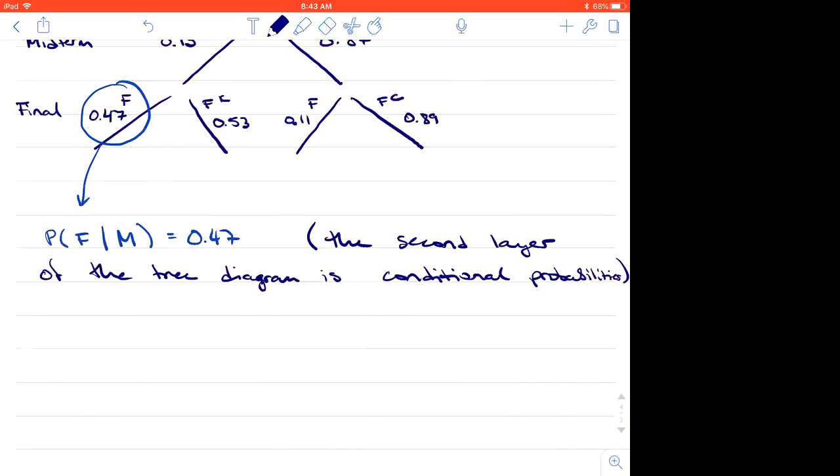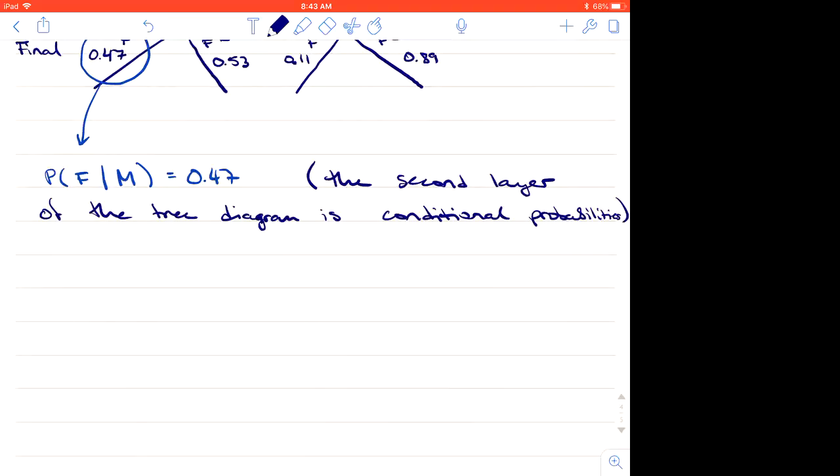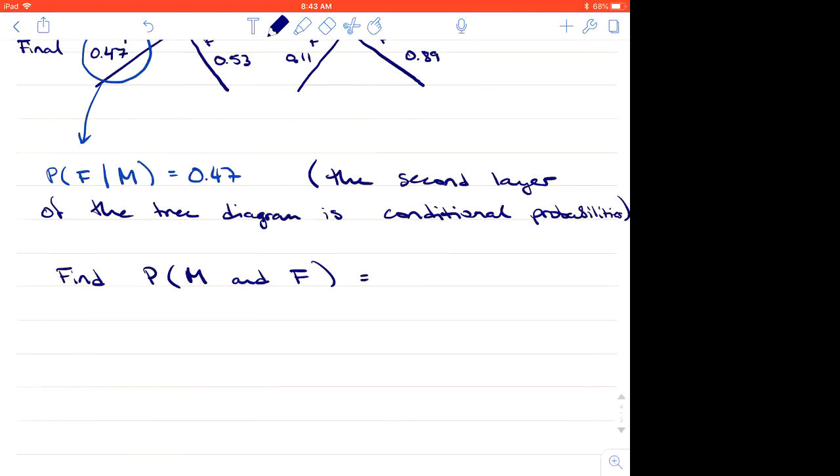So now, if I want to find the probability of M and F, so getting an A on the midterm and getting an A on the final, we know we have conditional probabilities, so we could write it out in terms of our notation, right?